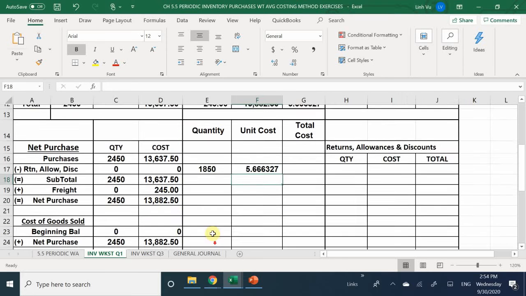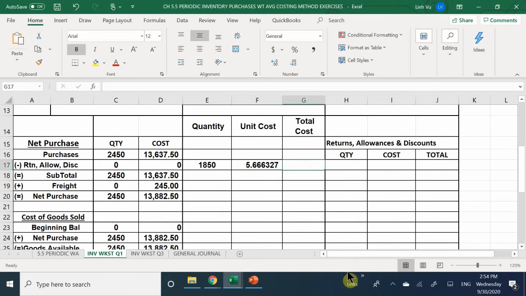Go ahead and calculate your grand total cost here. I'm going to apply a new formula, ROUND, because we have the long decimal number, so it's going to give us a huge number. I want to round my number because this is the number I'm going to be journalizing.